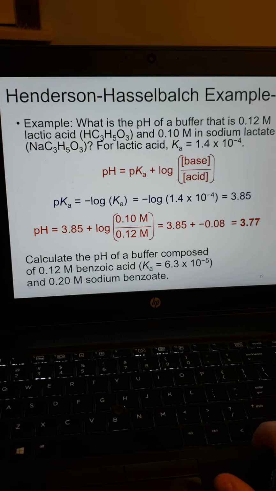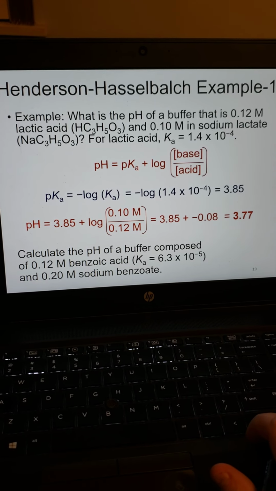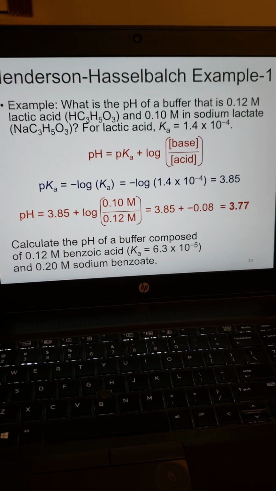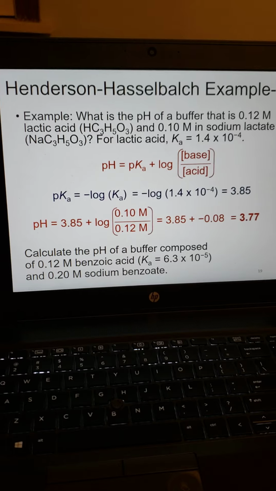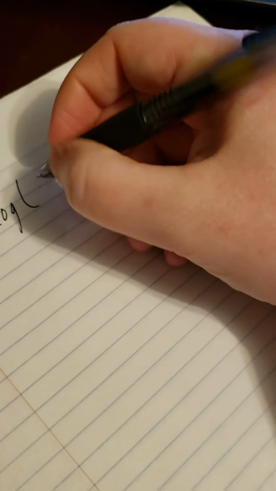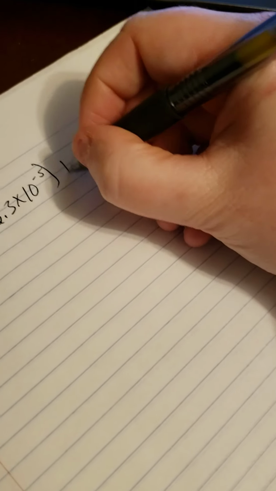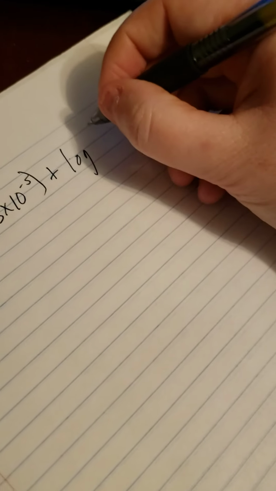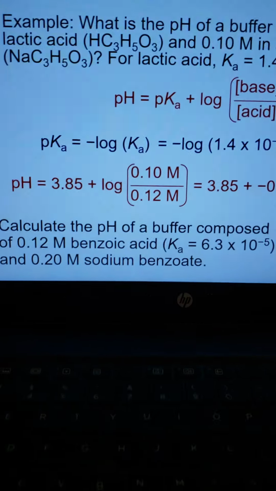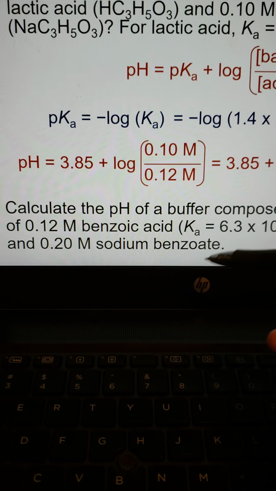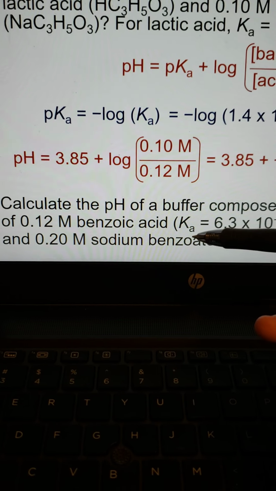Ta-da. Okay, cool. Let's do another one. Calculate the pH of a buffer composed of 0.12 molar benzoic acid and 0.2 molar sodium benzoate. So pH equals the negative log of Ka, which in this question is 6.3 times 10 to the negative 5, plus the log of the base, which again is going to be the ionic compound, because the ionic compound is what's giving you that conjugate base anion.